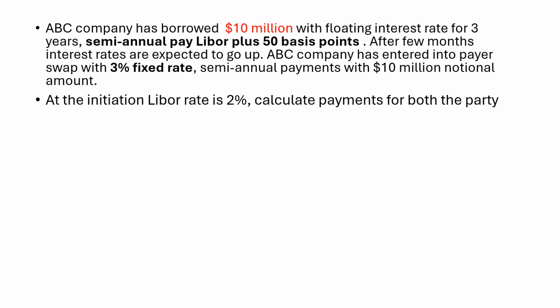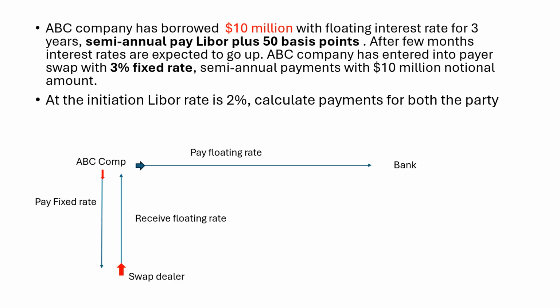At the initiation, the LIBOR rate is 2%. Calculate the payment for both parties. So let us see the calculation. We have ABC company, which is paying floating rate to the bank. This is going to remain fixed throughout the example. ABC company will have to keep paying floating rate to the bank. How much will they keep paying? LIBOR plus 50 basis points.